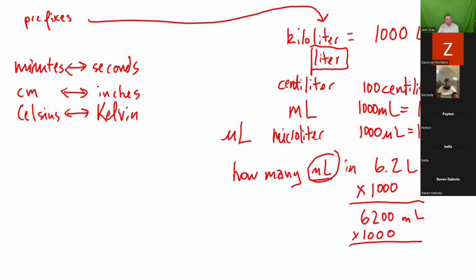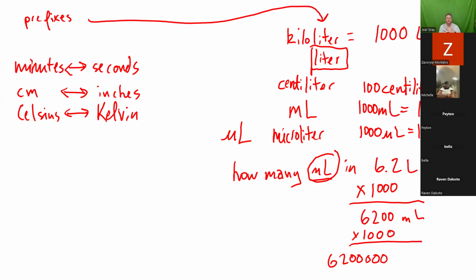So I can multiply that by 1,000, in which case, now basically what I've got is 6,200, and then essentially all that I'm going to do is add a couple of zeros to the end of this. And that means that's what I've got.